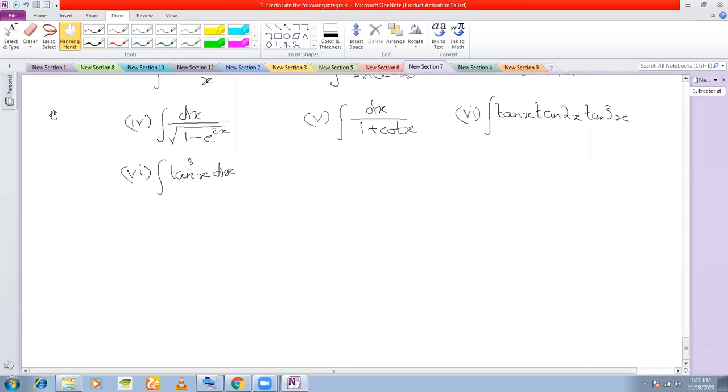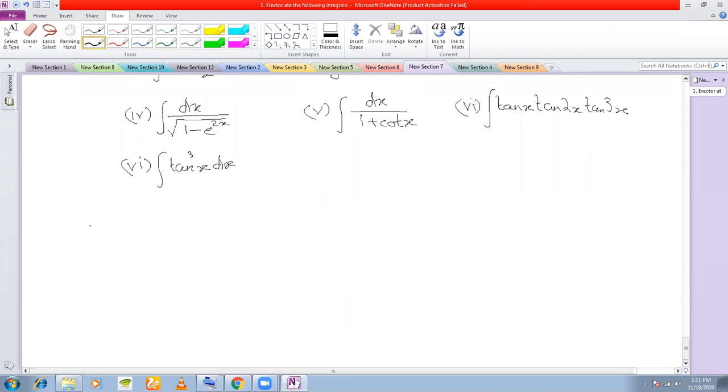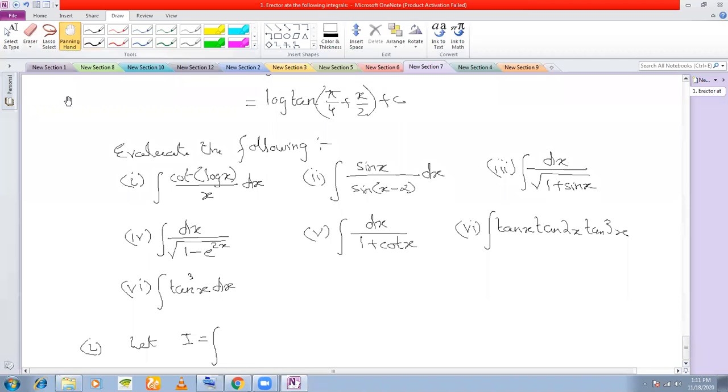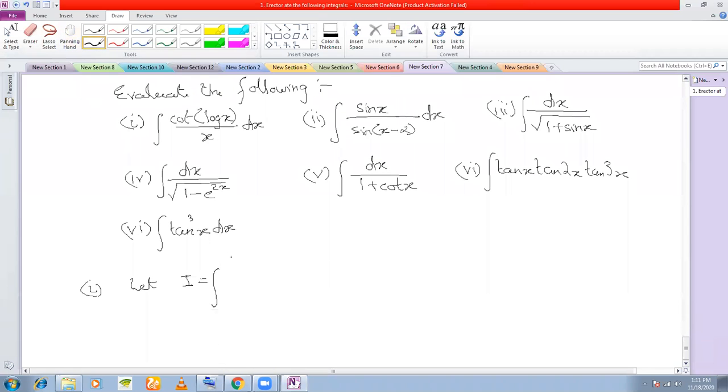So let us see number one. Let I be the integral of cot(log x) by x dx.